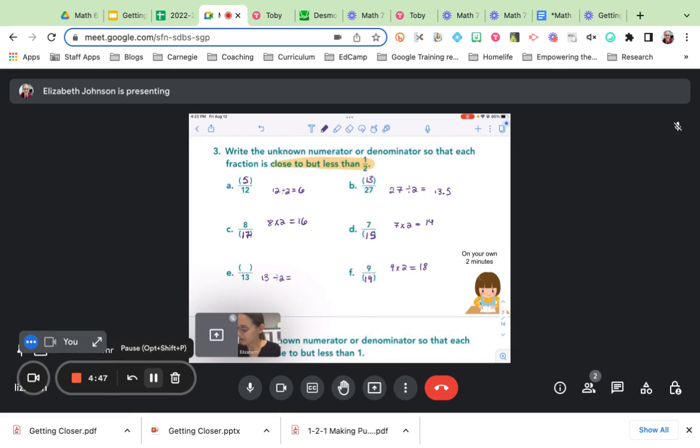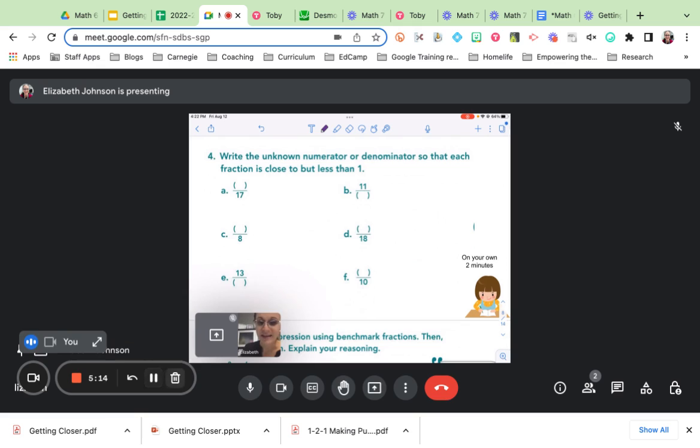So if I put 15 in the denominator, then my numerator will be slightly less than 1/2 of my denominator. 13 divided by 2 is 6.5. So if I put a 6 in that numerator, once again, my numerator will be slightly less than half of my denominator. And that's what causes a fraction to be just a little bit less than half. The numerator has got to be a little bit less than half of the denominator.